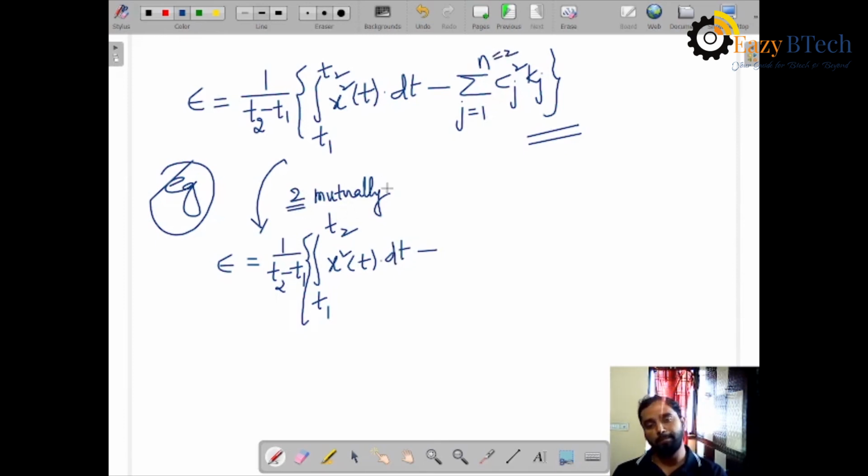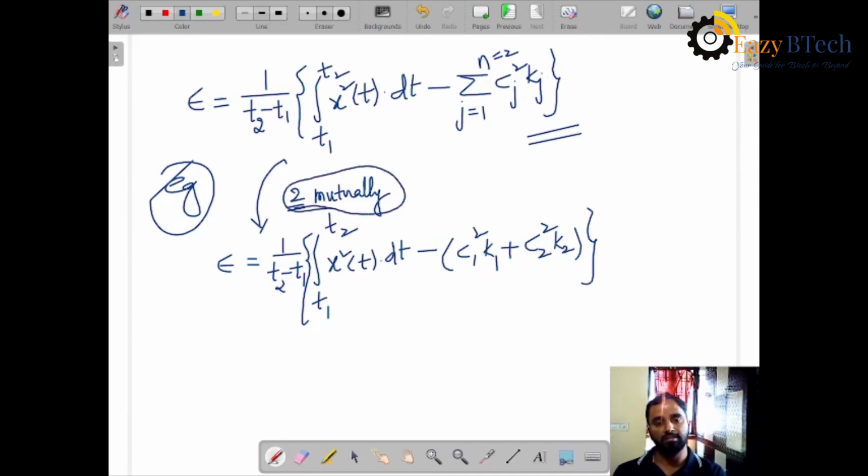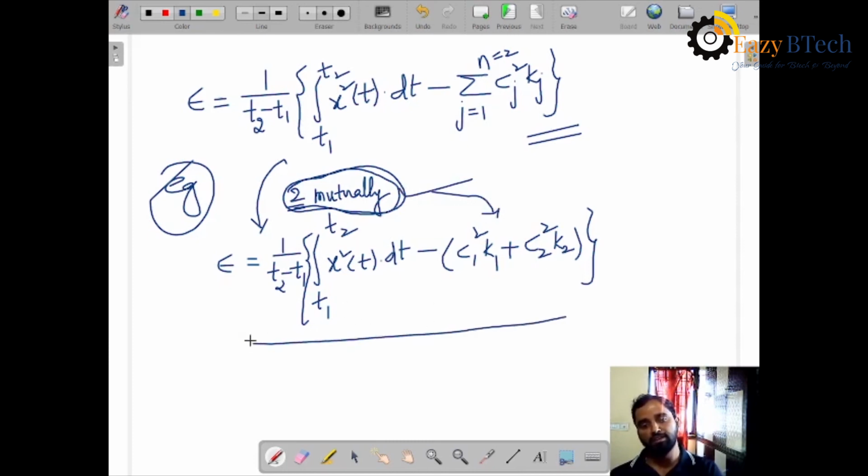That is the meaning of two mutually orthogonal functions. So if you open the summation, c1 square k1 plus c2 square k2. Here we stop. Don't write up to c3 square k3, c4 square, because it is only two mutually orthogonal functions. That is why the formula goes up to c1 square k1 plus c2 square k2. So this is the evaluation of mean square error.